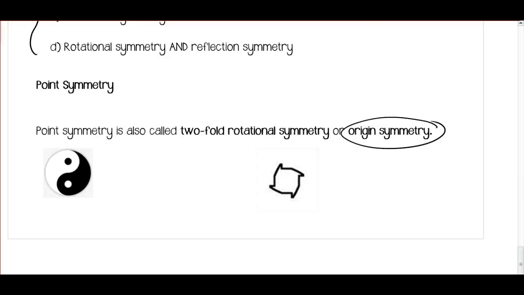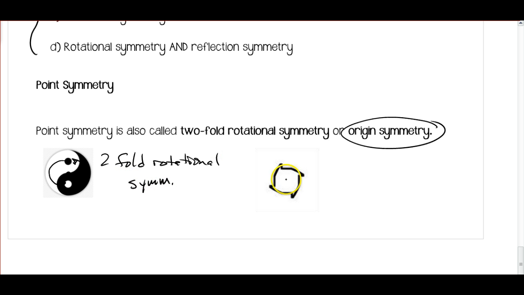So we've got two pictures here, and one of them has two-fold rotational symmetry and the other one does not. So this first picture of the yin-yang, you can see if I rotate it 180 degrees about the center point here, it's going to line back up on itself if we kind of disregard the different colors. So this would have two-fold rotational symmetry.